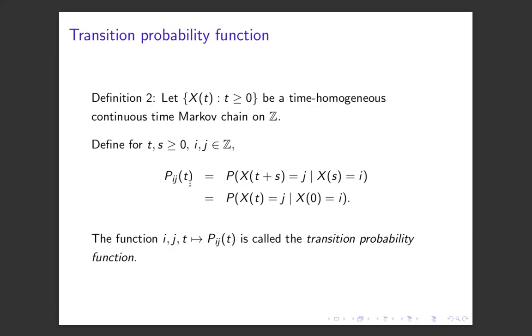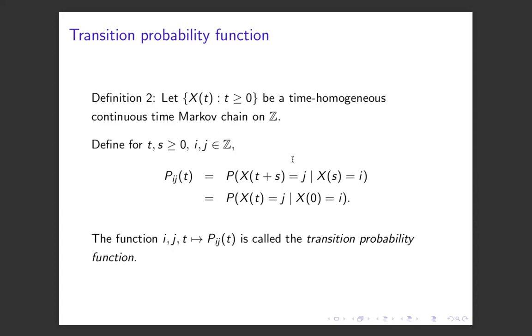Supposing you were to include s also as a variable, then it would be the probability X_{t+s} equal to j, given that X_s is i. That is, given that at time s the chain is in state i, the probability that at time t plus s the Markov chain moves to j.